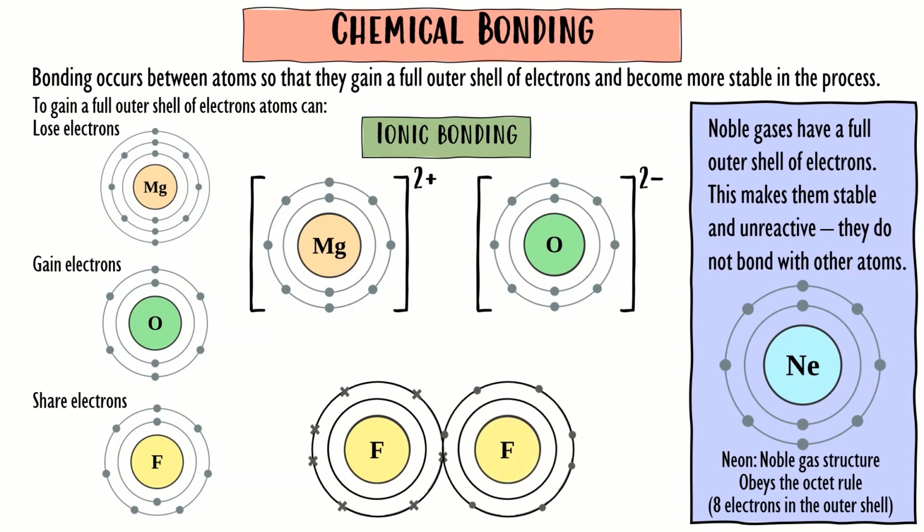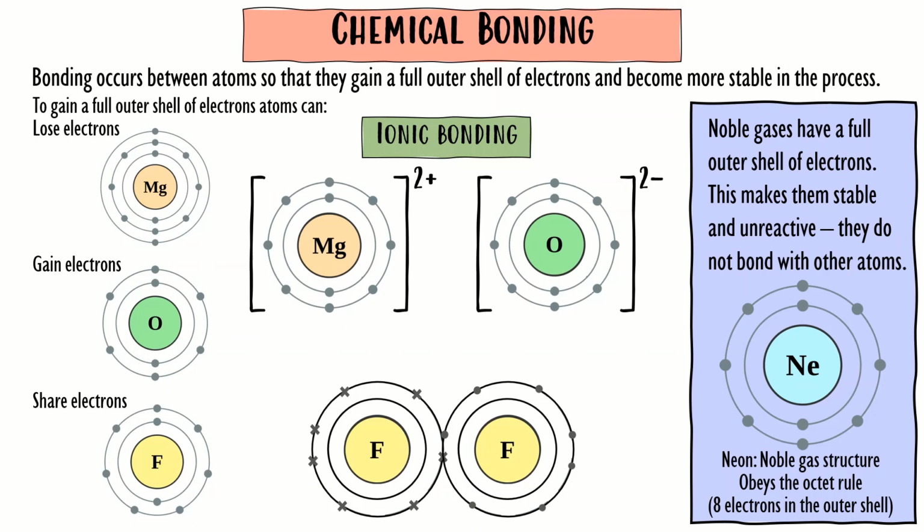If it shares its 1 electron with another fluorine, which also has 7 electrons, because their electron shells share those 2 electrons, if you count the number of electrons in the outermost shell of either of those fluorine atoms that are part of the molecule, they now have 8 electrons.